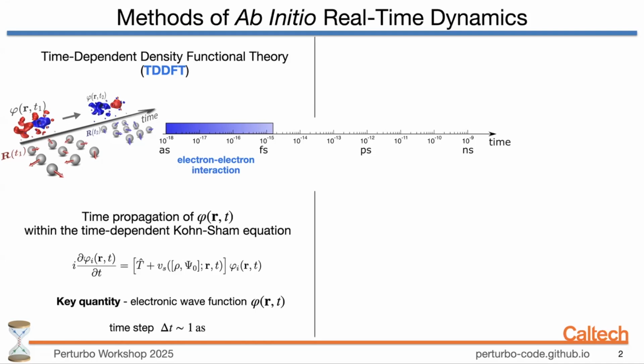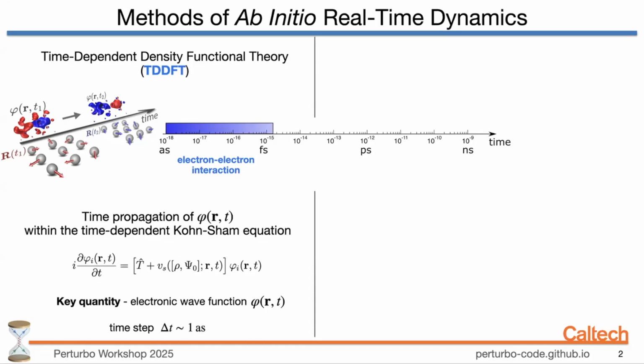It captures the coherent electron dynamics as well as the effect of electron-electron interactions really well. But since the key quantity here is the wave function, the time steps are usually on a time scale of attoseconds. And it makes it a very expensive calculation to simulate to longer time than hundreds of femtoseconds.